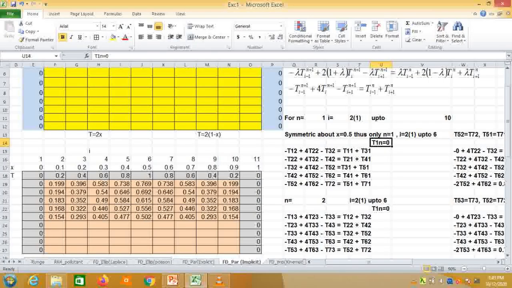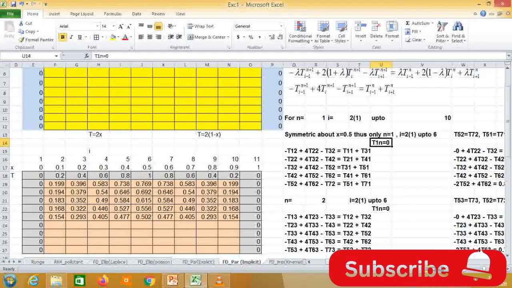So we start with n is equal to 1. For n is equal to 1 and i is equal to 2, plug it into that equation. When n is 1, the equation would read: negative t at n plus 1, which is 2, i minus 1, which is 1.